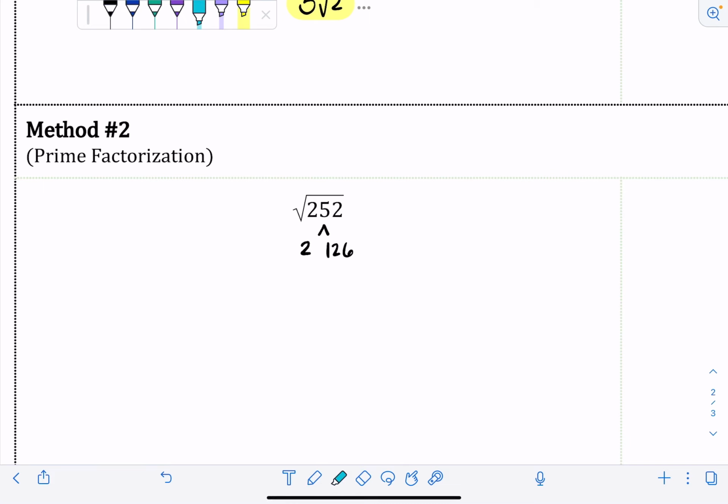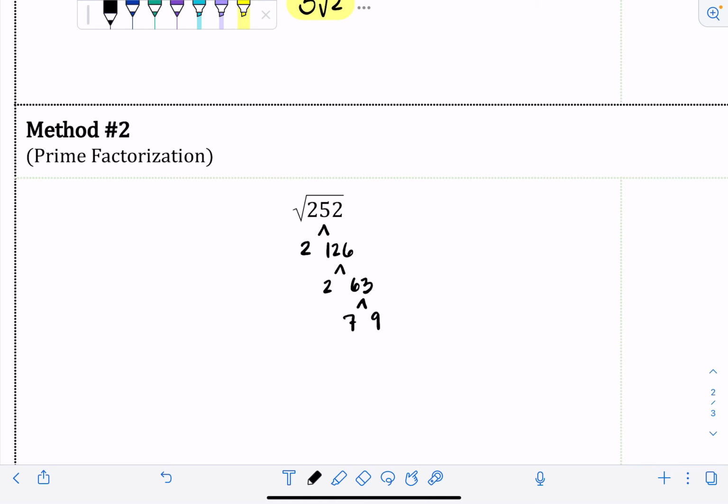We're not going to go any further than 2 because that's a prime number. So that one's stopped. But now I can break down 126. That's even also, so I'm going to do 126 divided by 2 again, which is 63, so it'd be 2 times 63. This 2 is prime, so we're done there. I can break down my 63 into 7 times 9, and those aren't the only two combinations.